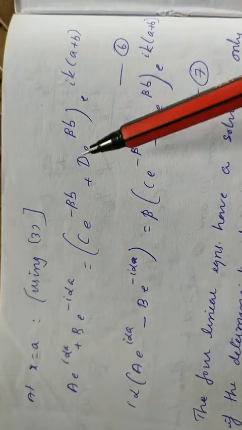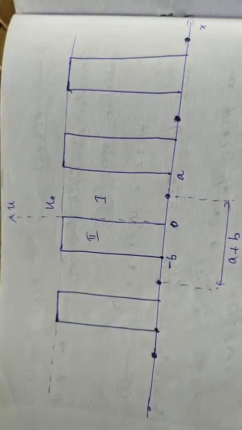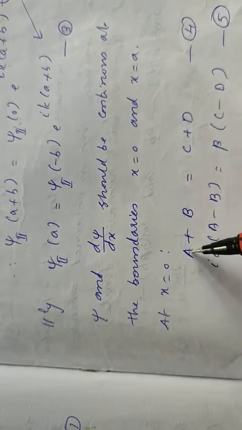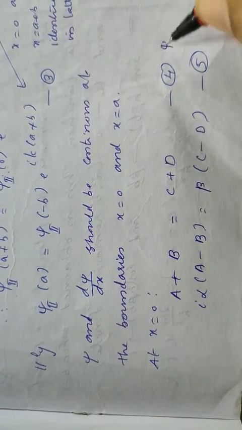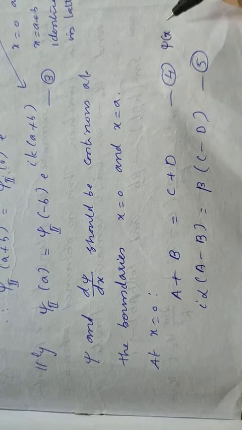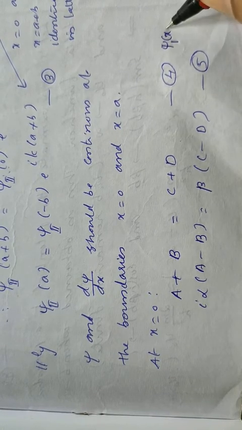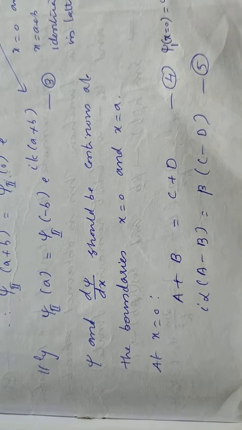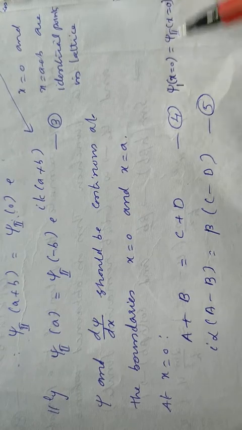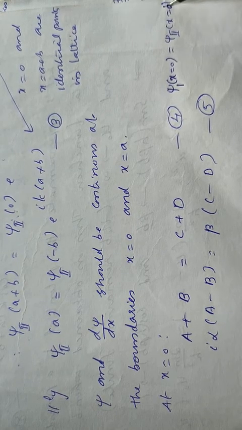You may be confused by these two equations. This is the condition psi 1 of x at 0 is equal to psi 2 of x at 0, the condition for the wave function to be continuous at x is equal to 0.